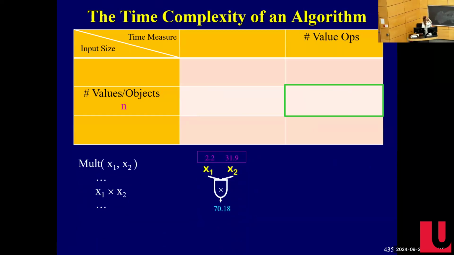All right, so here's another type of problem where the input consists of two integers or two real numbers, and your task is to multiply them.